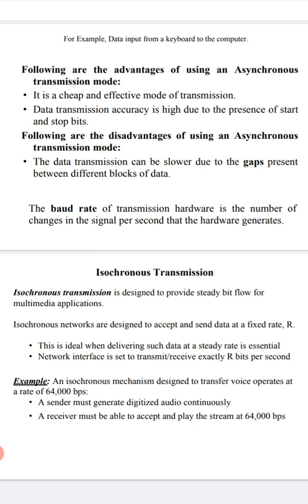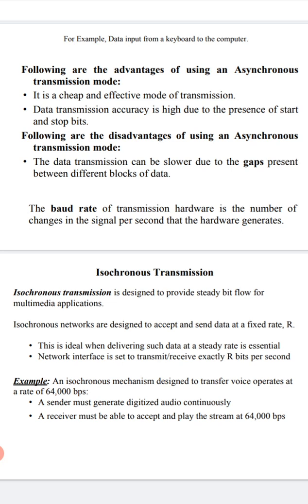Here, one more transmission mode is available, isochronous transmission. Normally, isochronous transmission is used for multimedia applications, but mostly synchronous and asynchronous transmission modes are used. Isochronous transmission is designed to provide steady bit flow for multimedia applications.